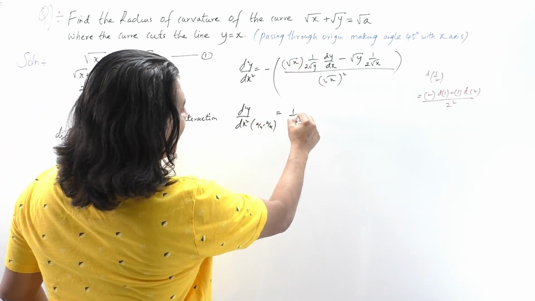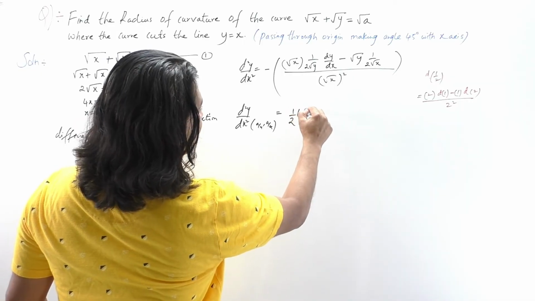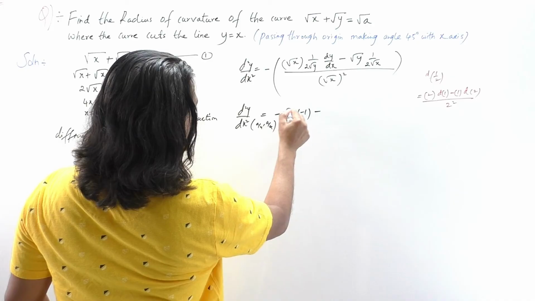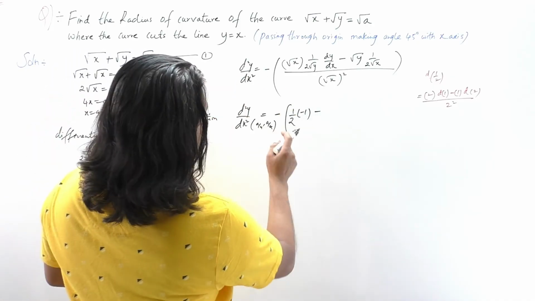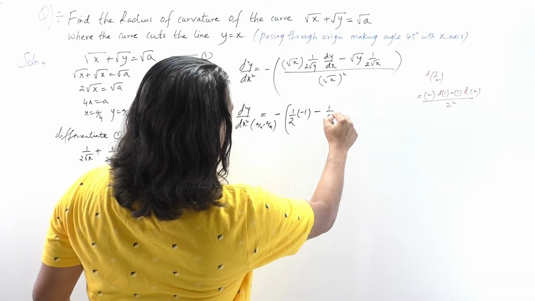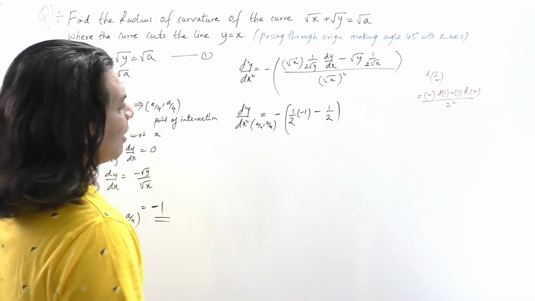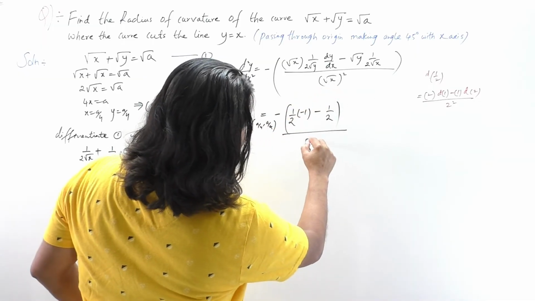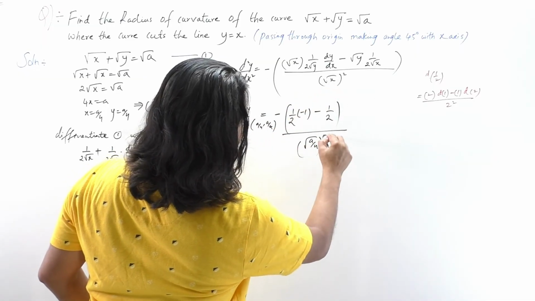So, I get 1 by 2 into, what is dy by dx? Minus 1. Minus again. I have not taken the minus outside. Yeah, minus outside bracket. Fine. Now, this will be minus again 1 by 2, upon root x square, which will be root of a by 4 the whole square.